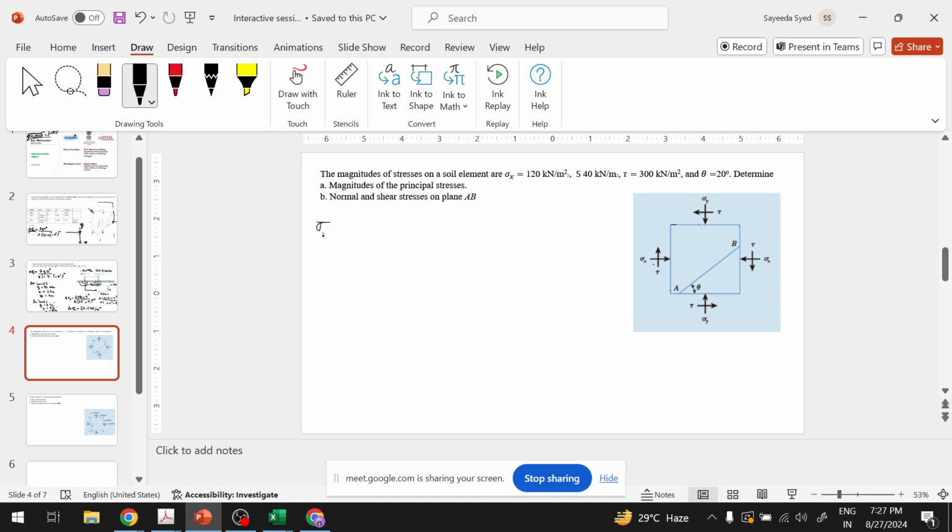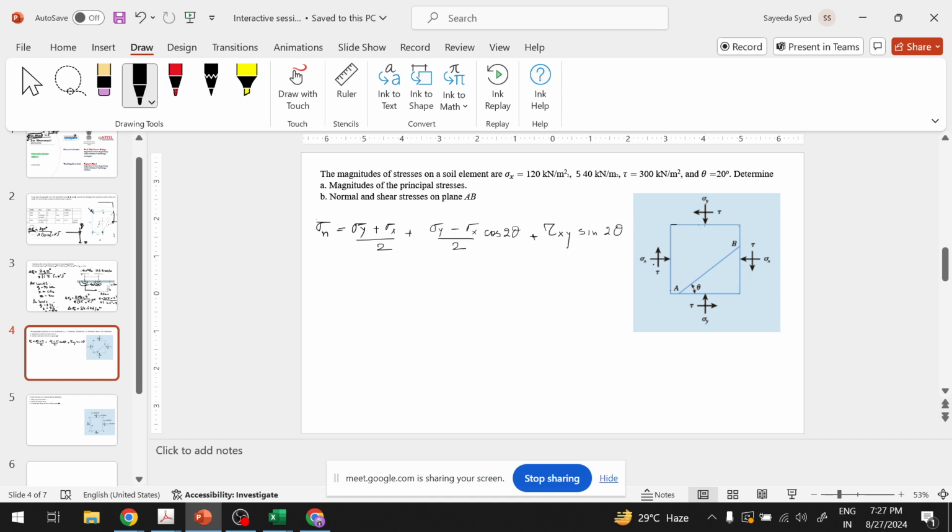The equation for normal force is sigma = (sigma y plus sigma x) over 2, plus (sigma y minus sigma x) over 2 times cos of 2 theta, where theta is this angle, plus tau xy sine of 2 theta.